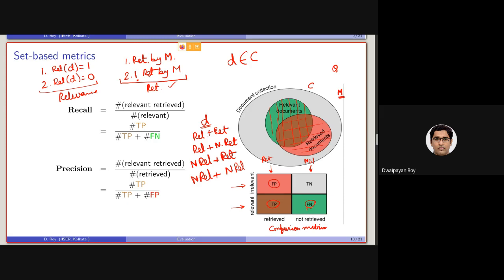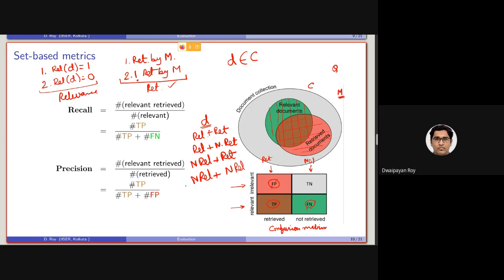False positive means the retrieval system is predicting it to be positive, that is relevant, but it is not actually relevant. That is, it is predicting a false positive value. So this is non-relevant, but still retrieved.